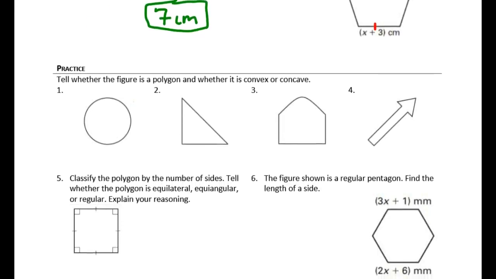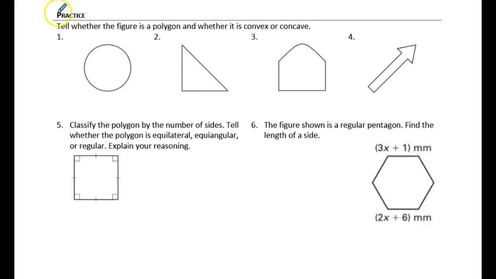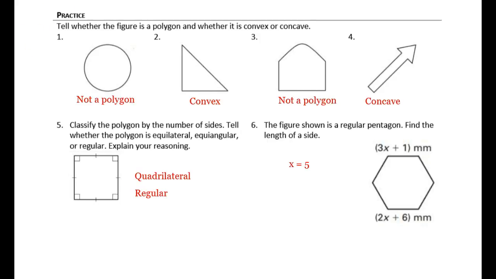All right, do the following practice questions and let me know if you have any issues. So number 1, not a polygon. Number 2, convex. Number 3, not a polygon. Number 4, concave. Number 5 is a quadrilateral and it's regular.